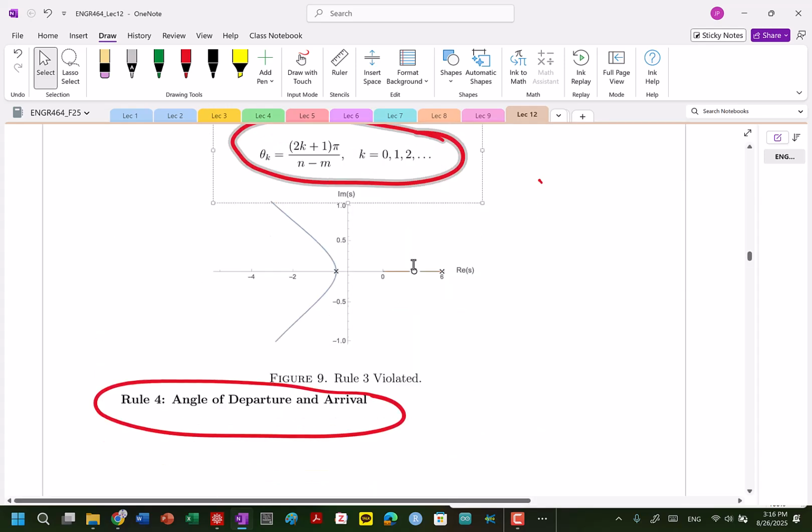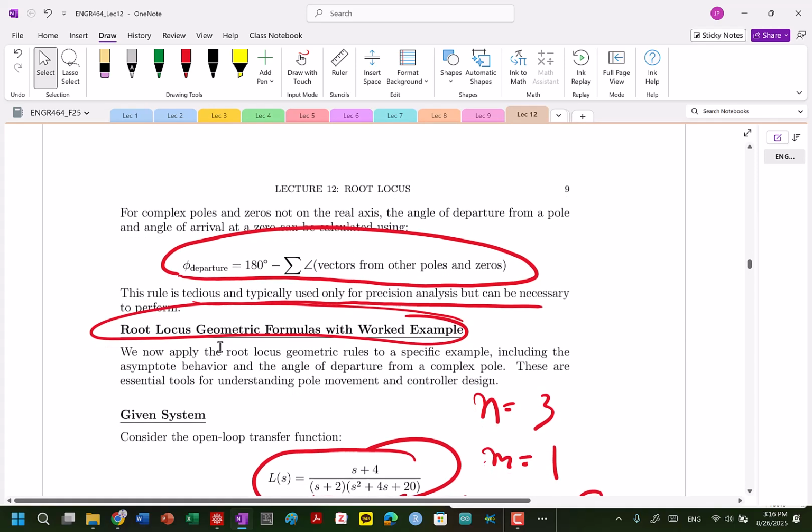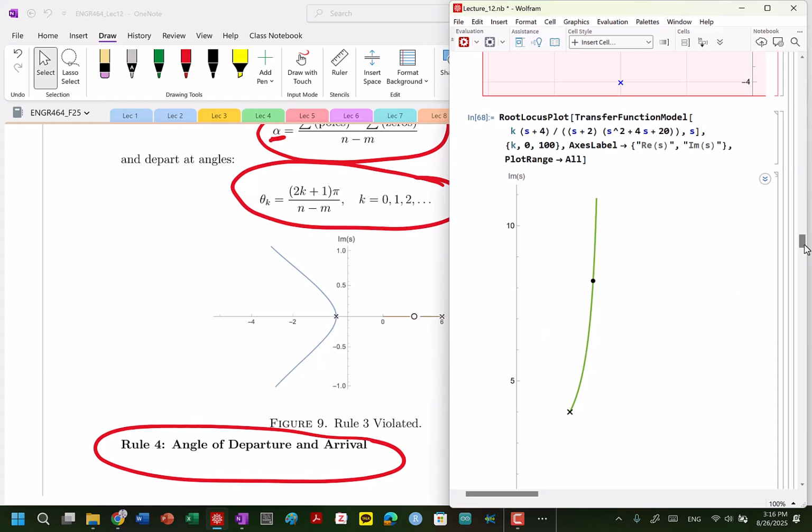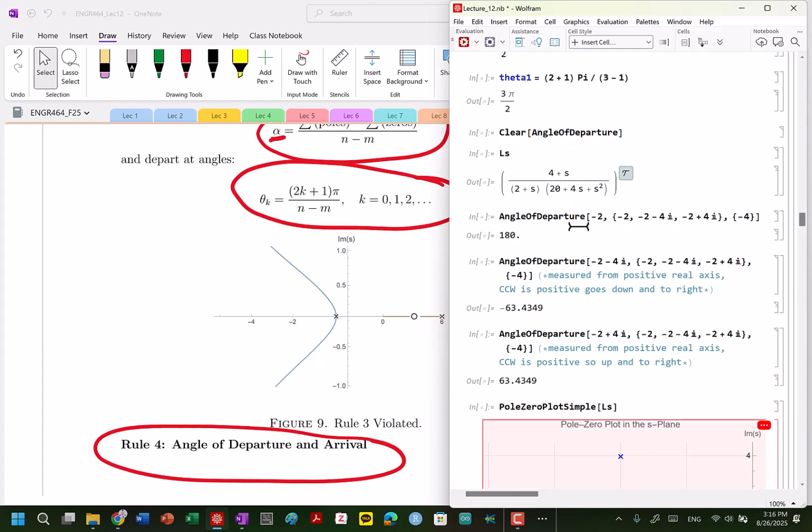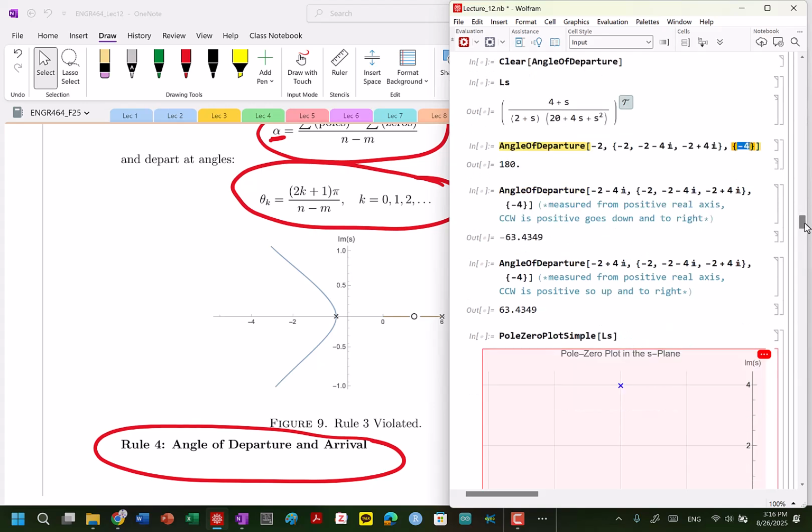This one's a little bit more complicated to calculate, but I've basically written up a little function to help us out here. All you have to do is specify all of your poles, and then specify the pole that you're interested in, relative to this minus 4 value here, or actually relative essentially to your y-axis value.